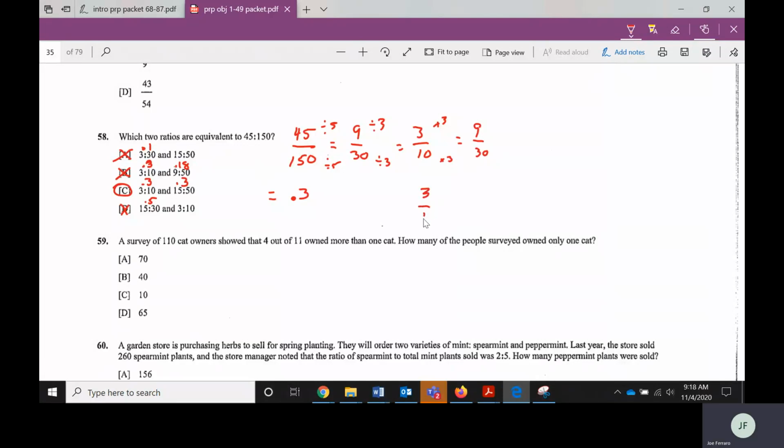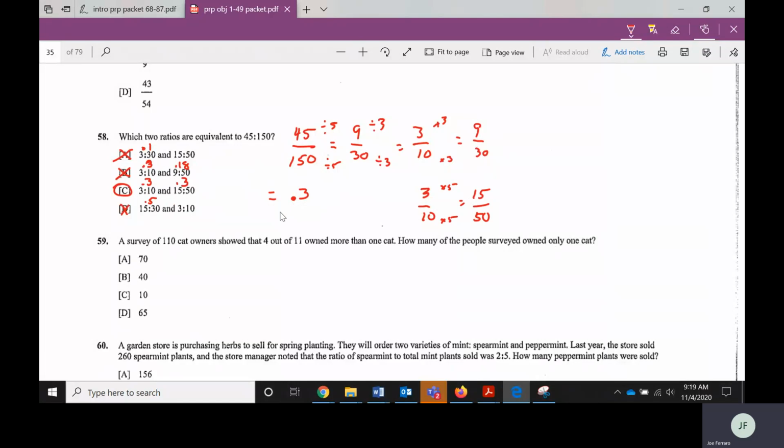The other way I could do it, this has 15 on the top, so that means times 5. And then times the bottom by 5 gives me the 50, which I have here. So if this doesn't make sense to you, that's okay. What you would do then is what I did first. Take the fraction, divide it, get the decimal, and see which one of these choices has both those equal to the same decimal.